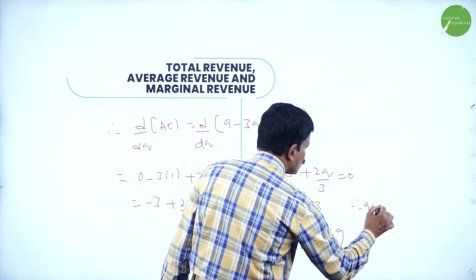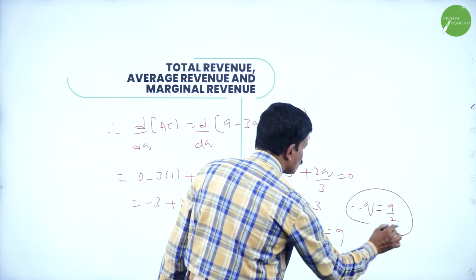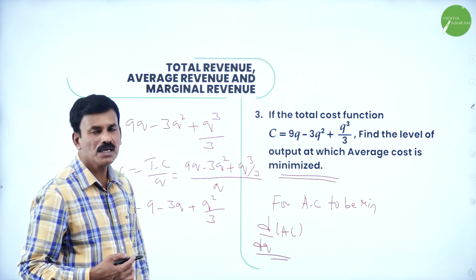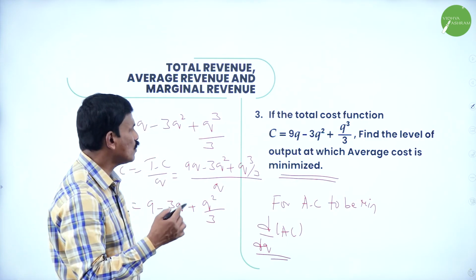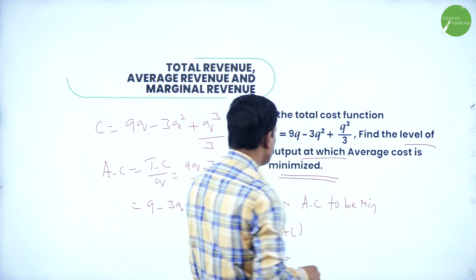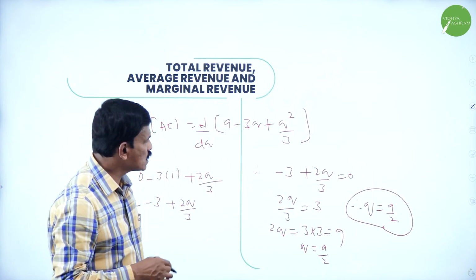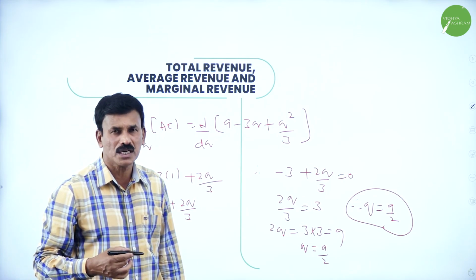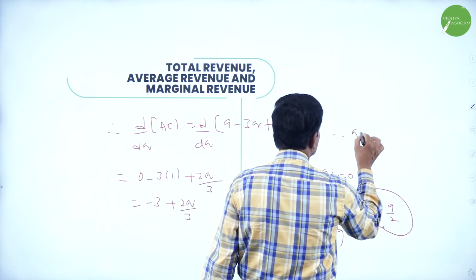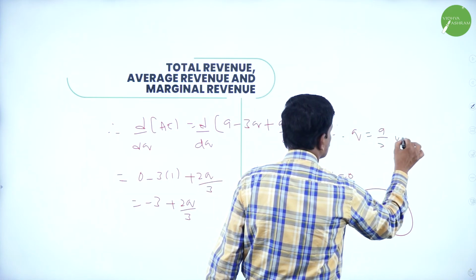So the level of output at which the average cost is minimized is obtained when Q is equal to 9 by 2 units. That's it.